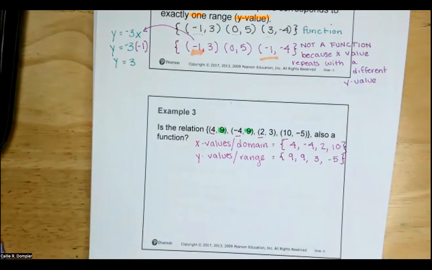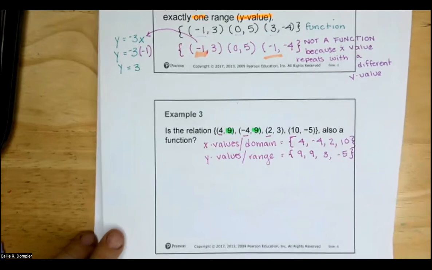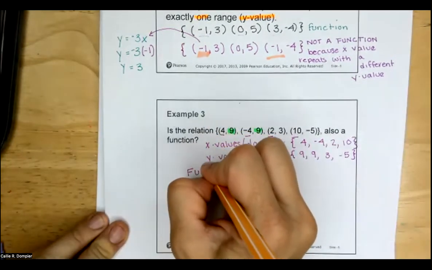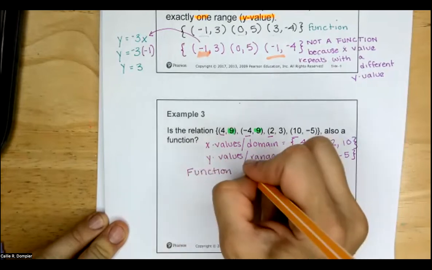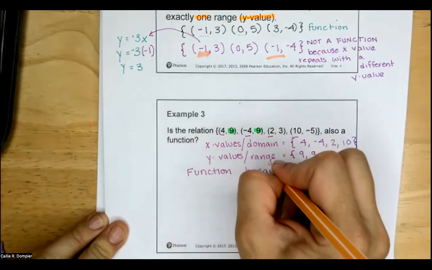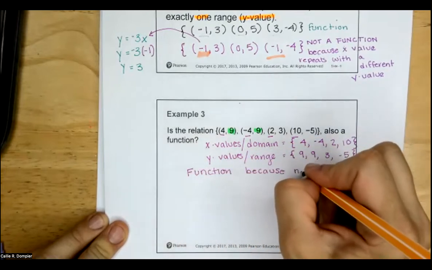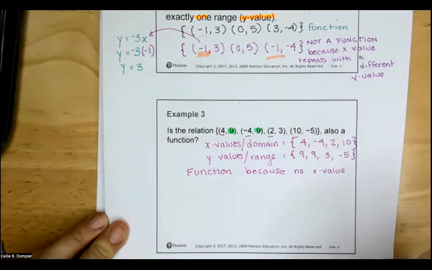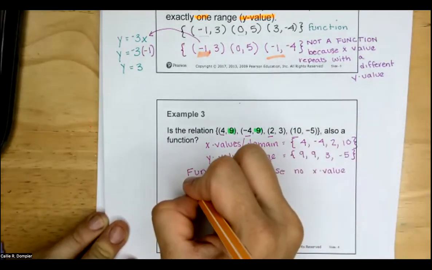You can have the y's repeat with different x's, but you can't have the same x with different y's, okay? So this is a function because no x value is paired with more than one y value.